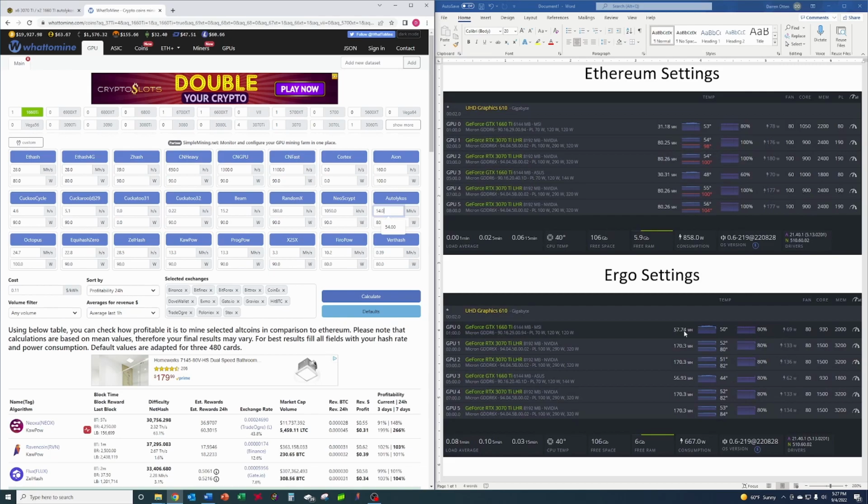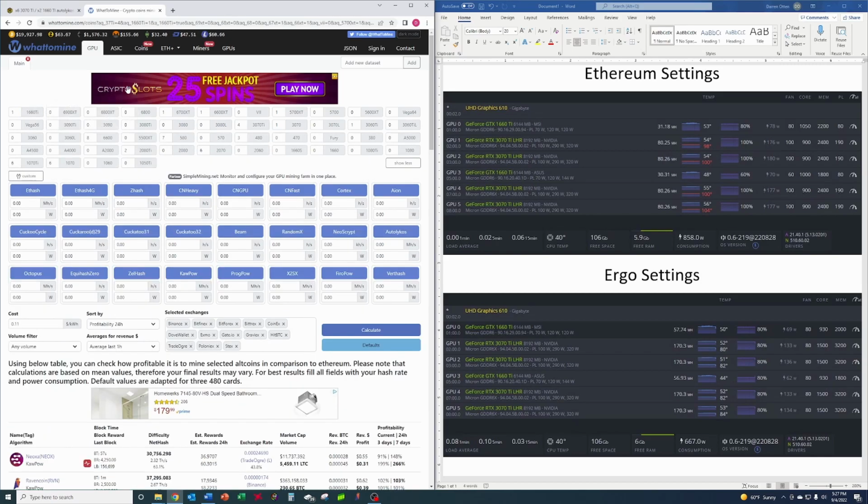You can see over here in my Ergo settings, I'm getting over that 54 mega hash, and I'm actually under the 80 watts that WhatToMine says I can pull. So that seems like I'm in the right ballpark, at least for the 1660 Ti overclocks.